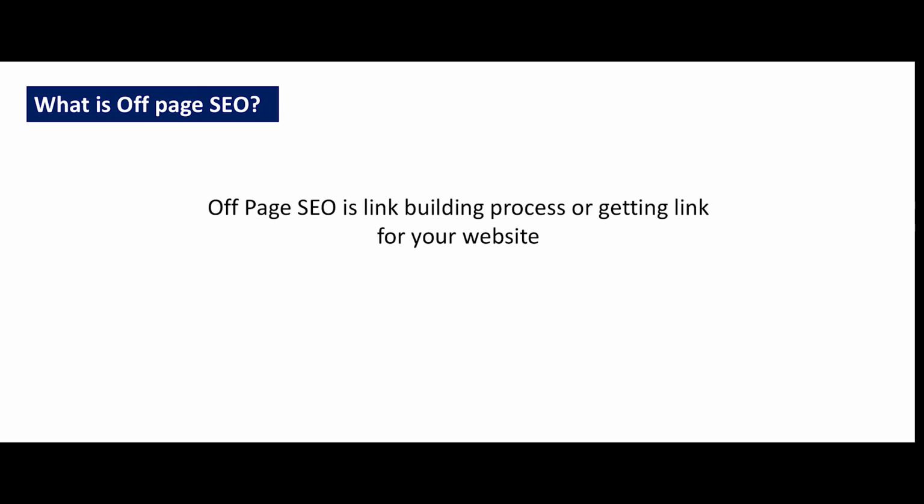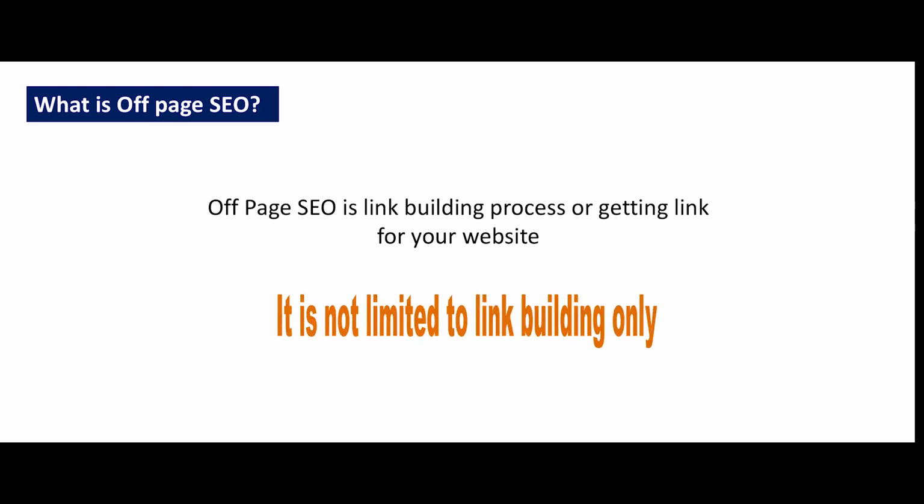Primarily, off-page SEO is a link building process, or getting links for your website. But it's not limited to link building only. It's more than that. We will discuss various dimensions of off-page SEO in a while.